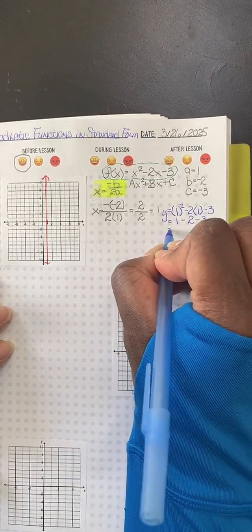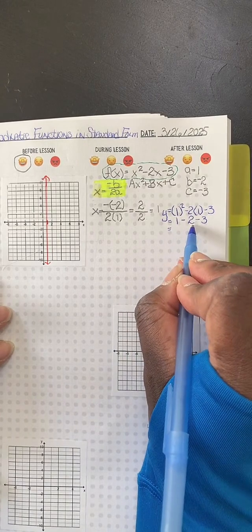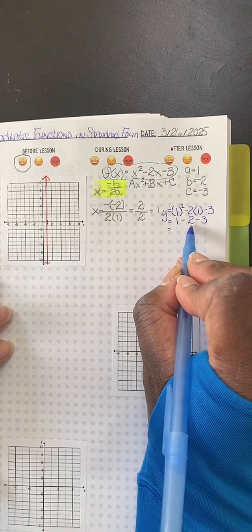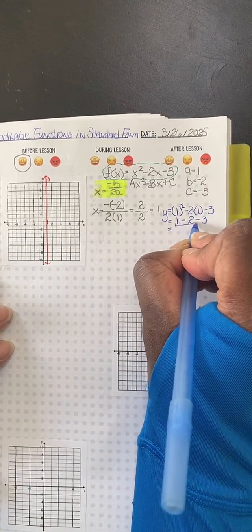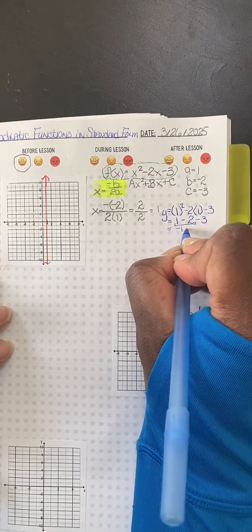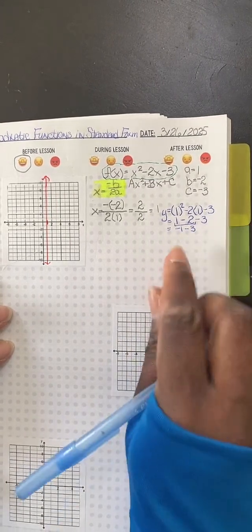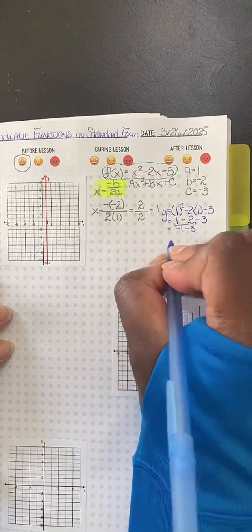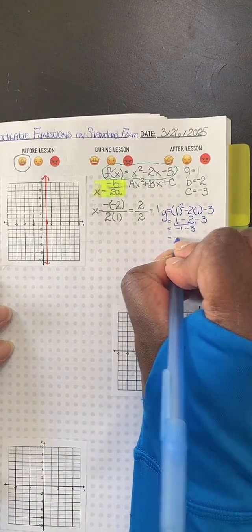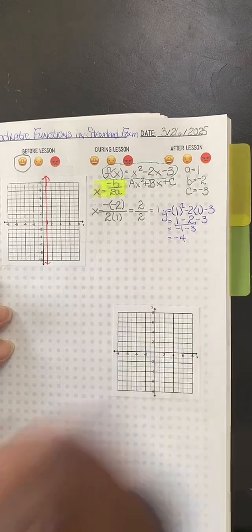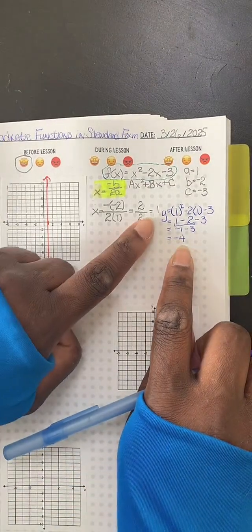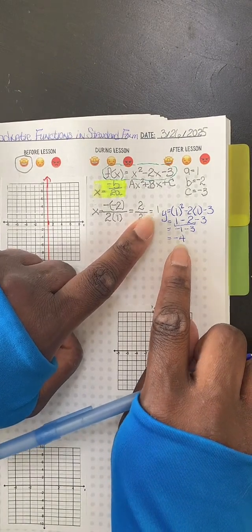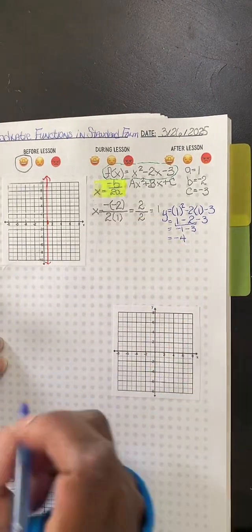So now from left to right, 1 minus 2 gives me a negative 1 because we combined these two. The negative 1 minus 3 gives me negative 4. So my vertex is going to be 1, negative 4.